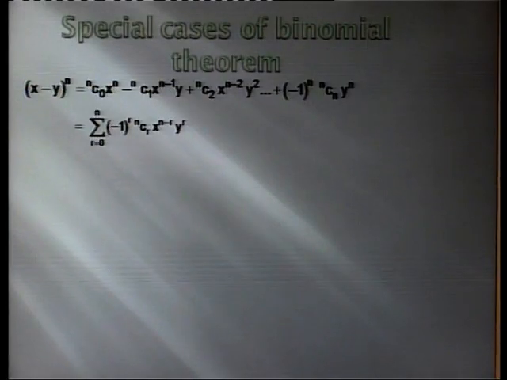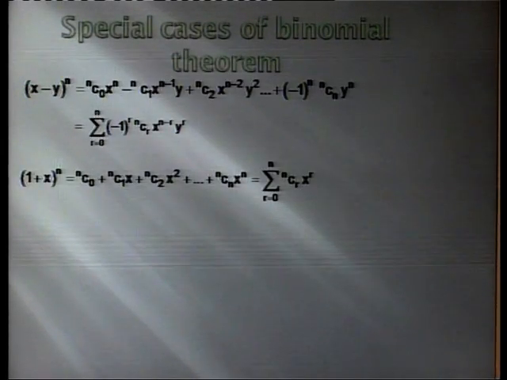This is also very clear, because if you find out, for example, the expression for a minus b square, that will be a square minus 2 into a into b plus b square. So, terms are alternately positive and negative. That is a simple consequence.